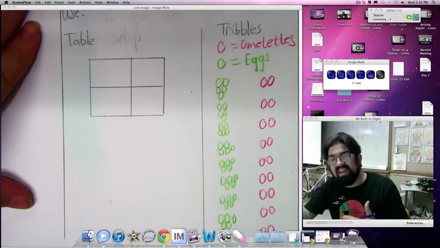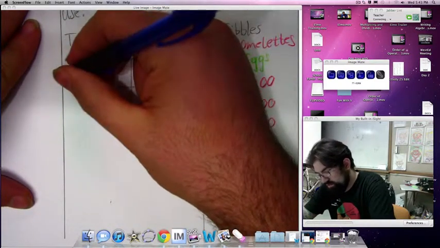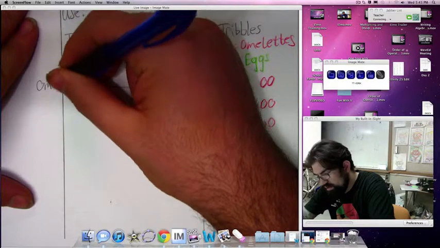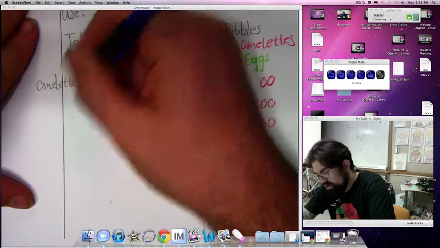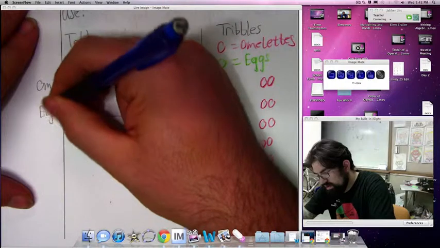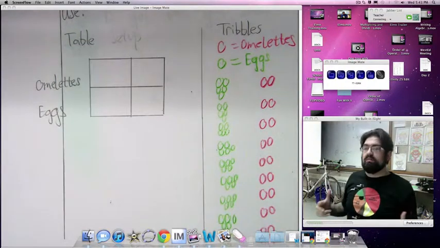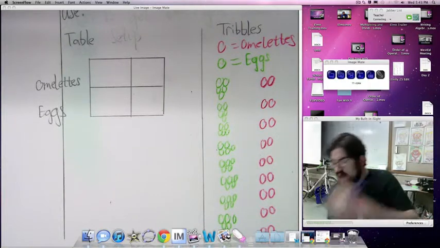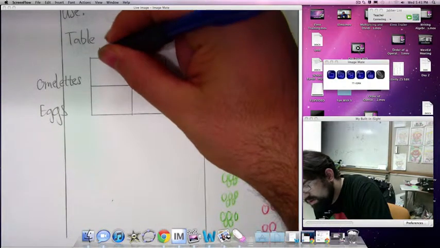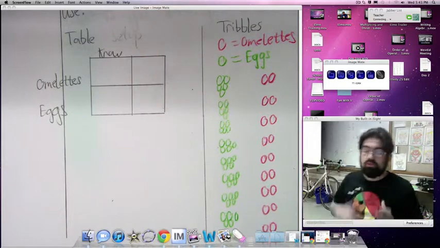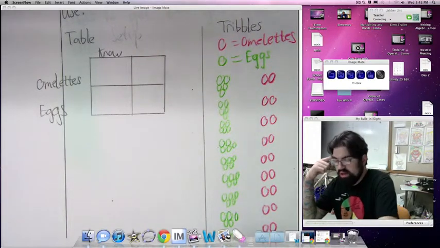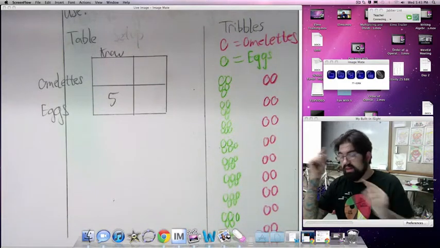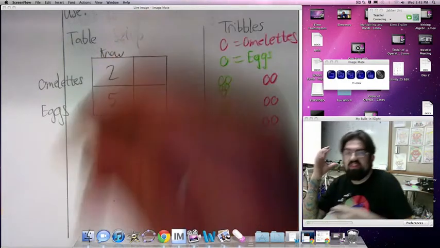We have eggs and omelets. Omelets on top, eggs on the bottom. We know, and that's the first column, we know that it takes 5 eggs to make 2 omelets. We know that.